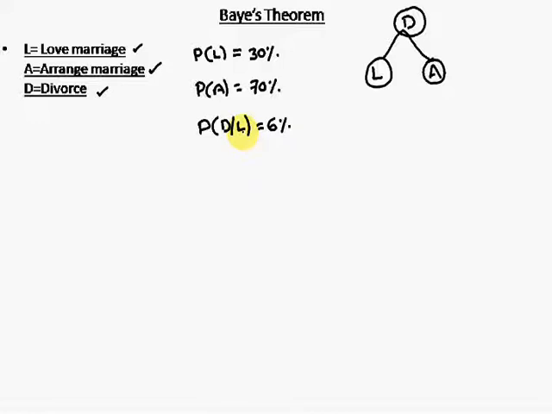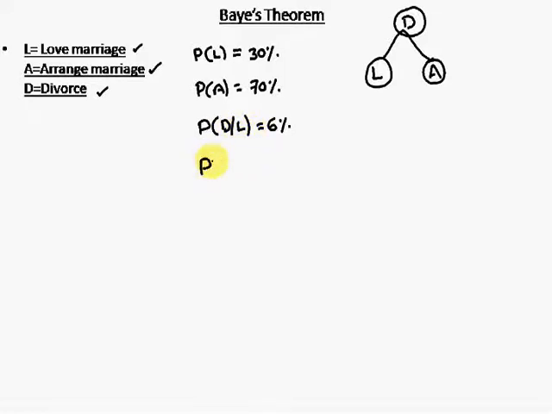The event L should happen first, next the D event should happen. If you choose a person in society and he has a love marriage, what is the probability that he is divorced? This is called the probability of D given L occurs.